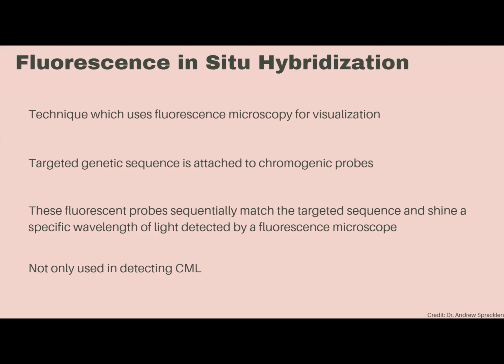And they'll be sequentially matched to the specific gene that you are looking for. Once you are in the lab and you have successfully tagged these genes, you shine the assay under UV light and you can see the fluorescence go to work and you can see where your specific tagged gene will be.